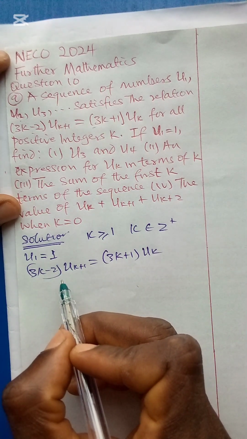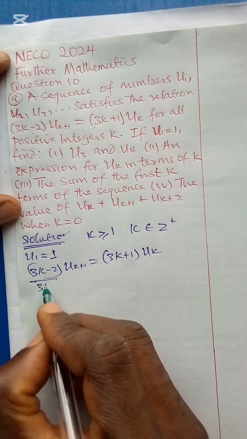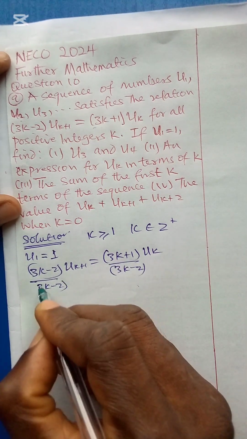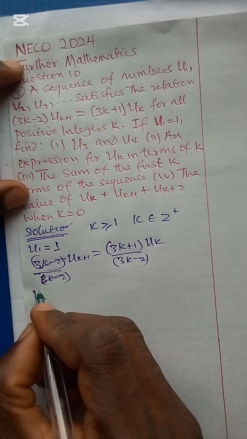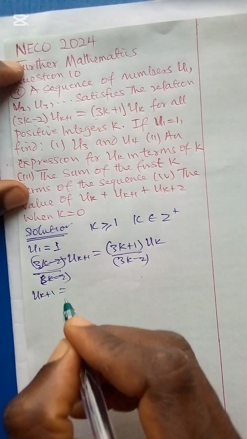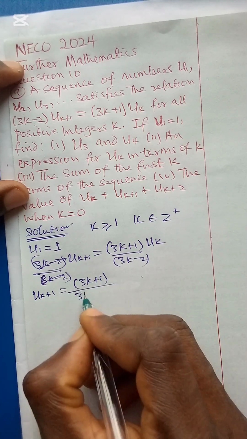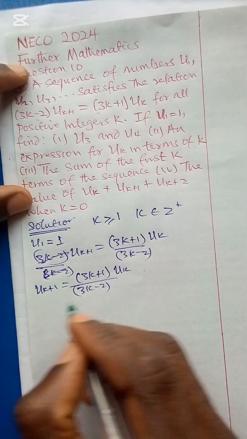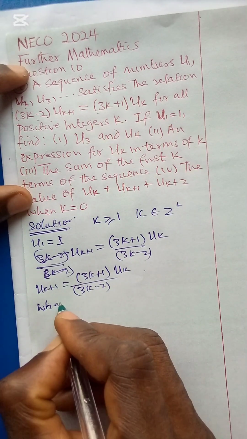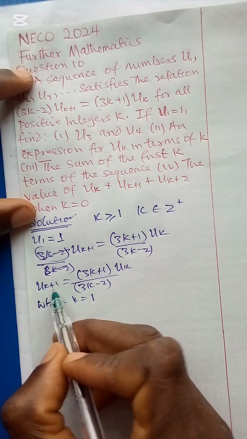Now, let me divide both sides by 3k minus 2. So this will cancel this term. Then we now have u_(k+1) is equal to (3k + 1) all over (3k - 2) times u_k. When k is equal to 1, let us find the value of u2.